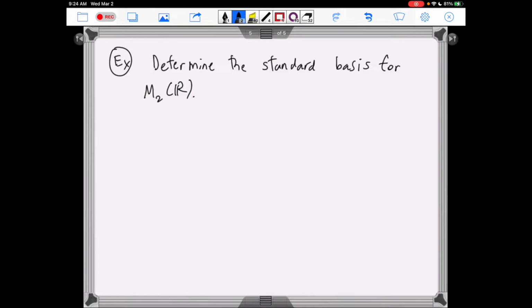So what is M2(R)? Remember, M2(R) is the set of all 2 by 2 matrices with real coefficients.